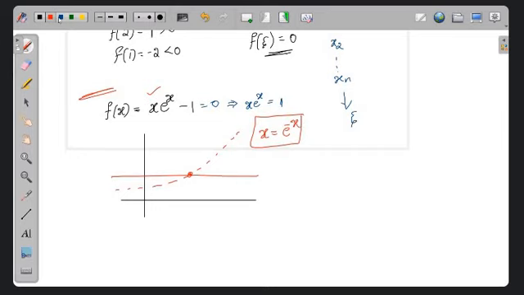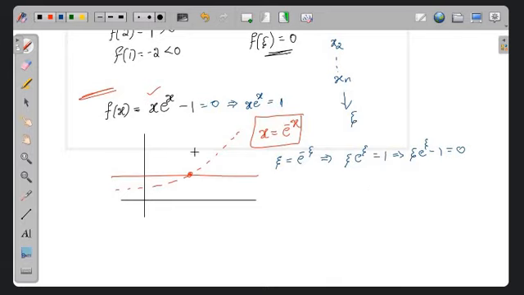It is enough to find a point xi at which xi equals e power minus xi. If they are equal, then xi into e power xi will be equal to 1. This implies xi into e power xi minus 1 equal to 0.